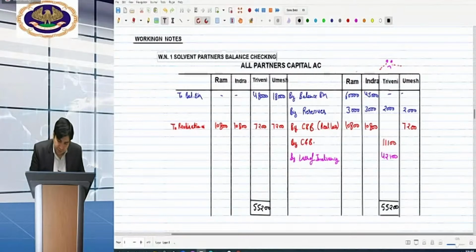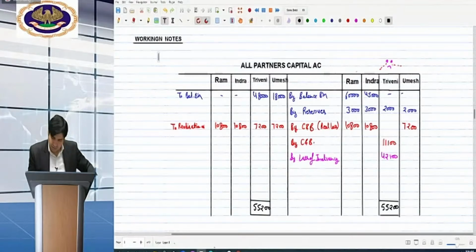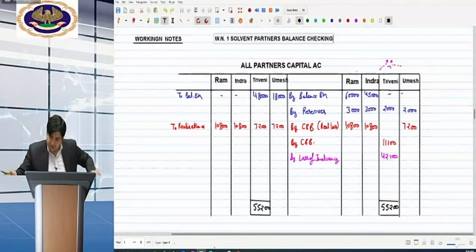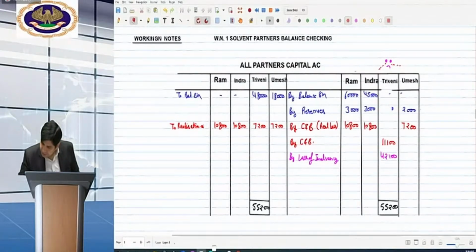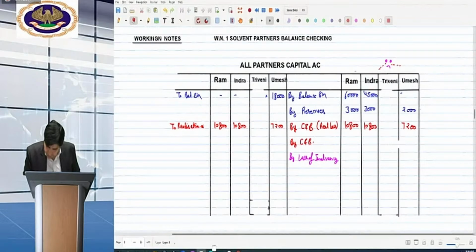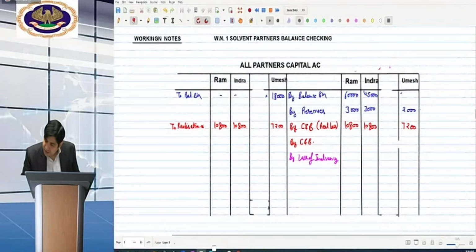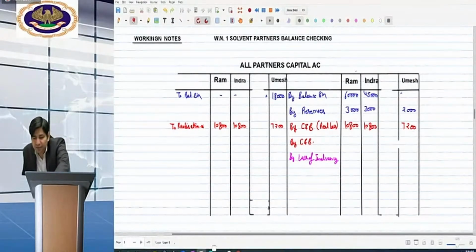Okay, beta. See, now I am removing from here the insolvent partner, Triveni. All the rest of them are solvent. Yes. Except Triveni, all are being checked for what balance they are having.